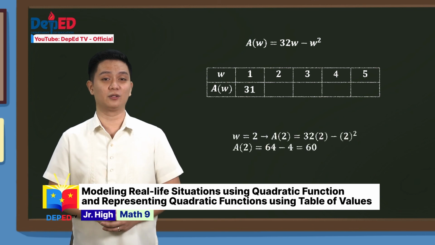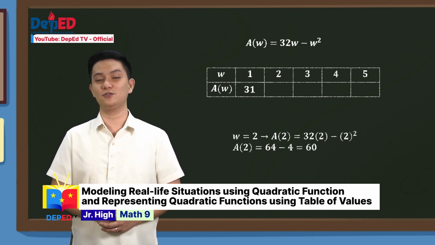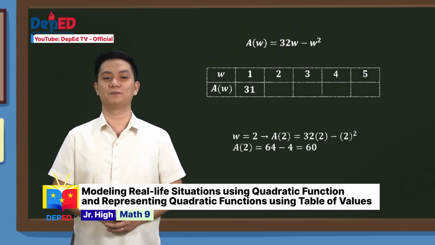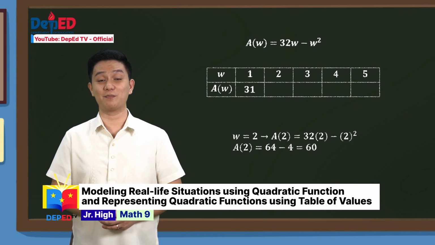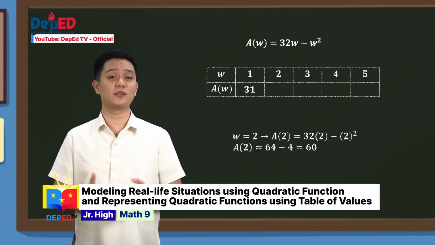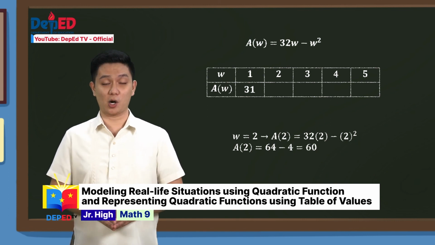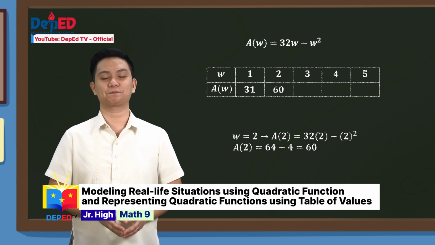When W is equal to 2, A of 2 is equal to 32 times 2 minus 2 squared. Therefore, A of 2 is equal to 64 minus 4, and the result is 60. Hence, when the width is 2 meters, the parcel of land has an area of 60 square meters.